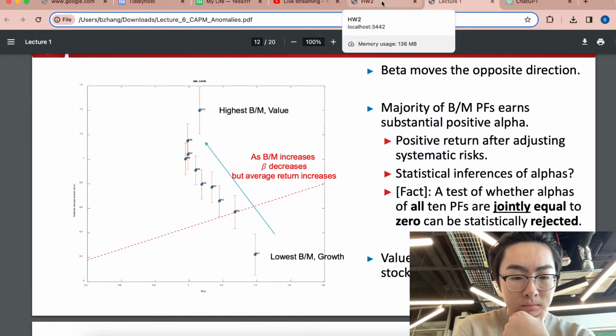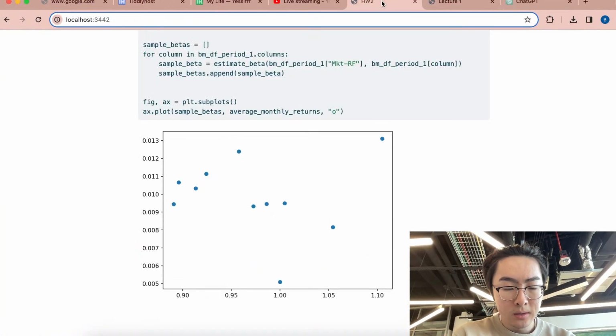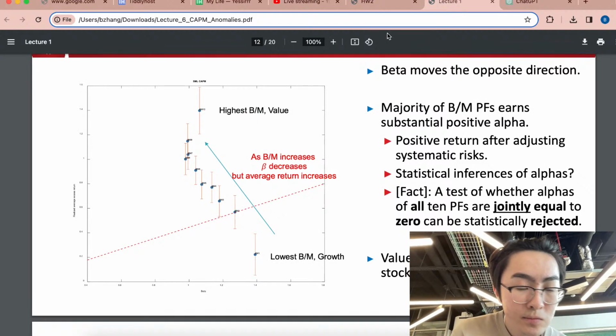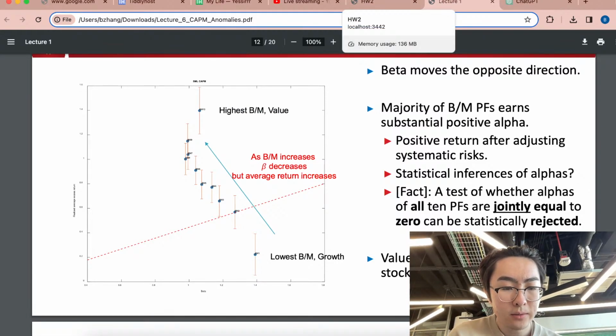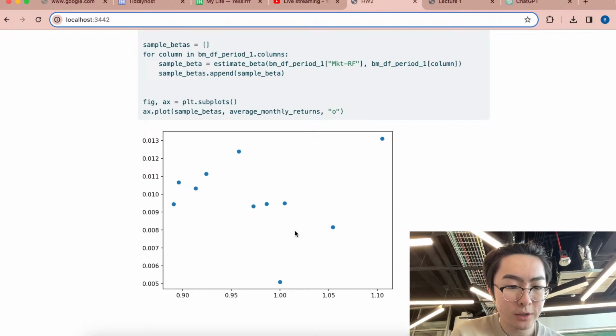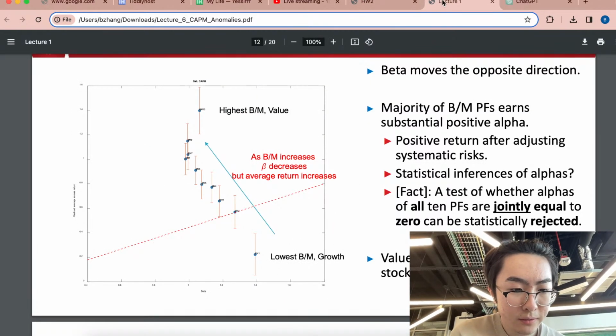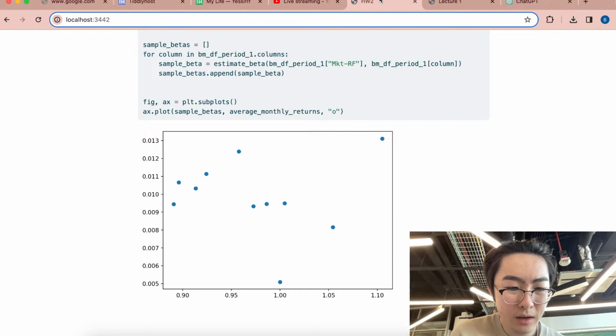Hmm. So I feel like we have similar excess returns here. 0.05. Actually, maybe not.